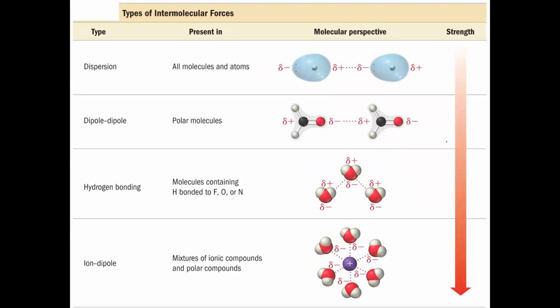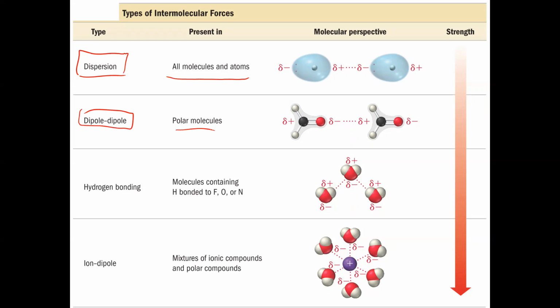So when we look at the different types of intermolecular forces, we've already discussed dispersion, which all molecules exhibit. If you're nonpolar, you can only exhibit dispersion forces. Dispersion forces get stronger with an increase in molar mass and with more surface area. Dipole-dipole happens with polar molecules, and it's stronger.